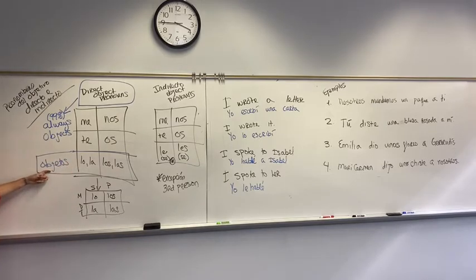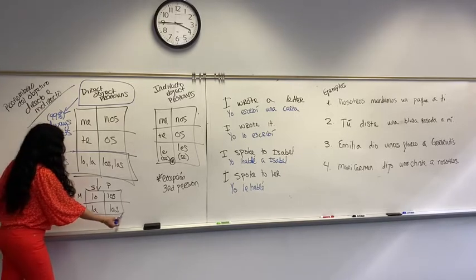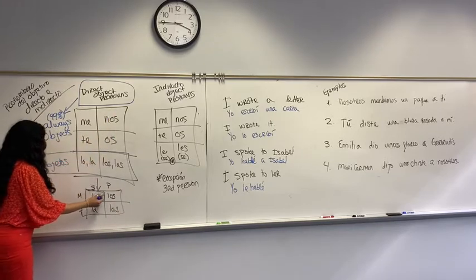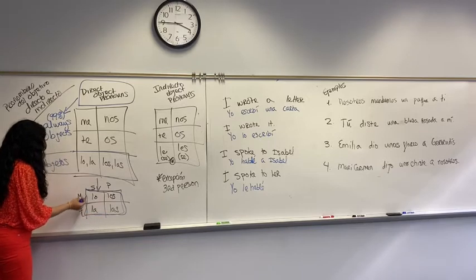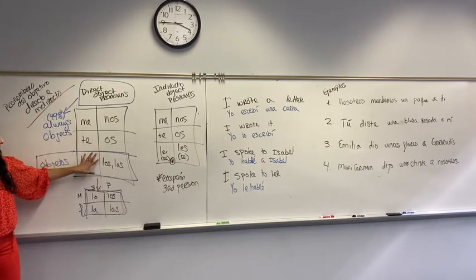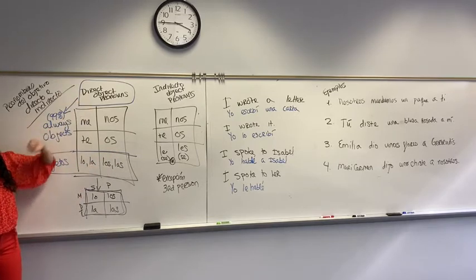So the most common form of the direct object pronoun is going to be the third person. So sometimes you will see this box simplified without these in it, and it will just be simplified into this, where there's just the masculine, feminine, singular, plural of this part of the box, because almost always these are objects.